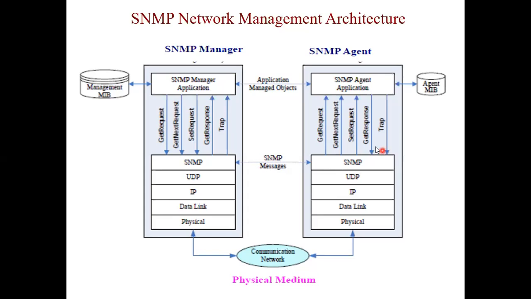The remaining 2 messages, get response and trap, are generated by the agent process. So the arrow comes from the agent and goes towards the manager. From here the arrow goes down and from here it goes up.